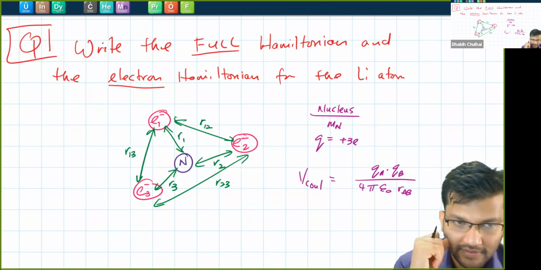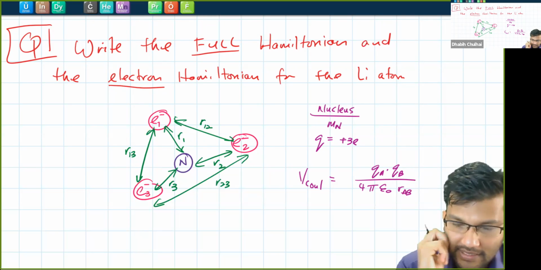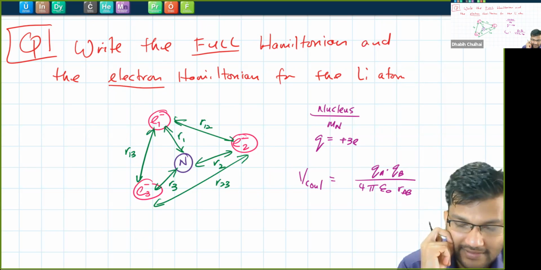So this is all for lithium atom, right? Imagine how quickly the complexity of this increases with number of electrons and number of nucleus in your system. If you were to write this for a water molecule, pretty small molecule, H2O, you'd have 3 nuclei, right? For each of the hydrogen and the oxygen, and you have 10 electrons, right?